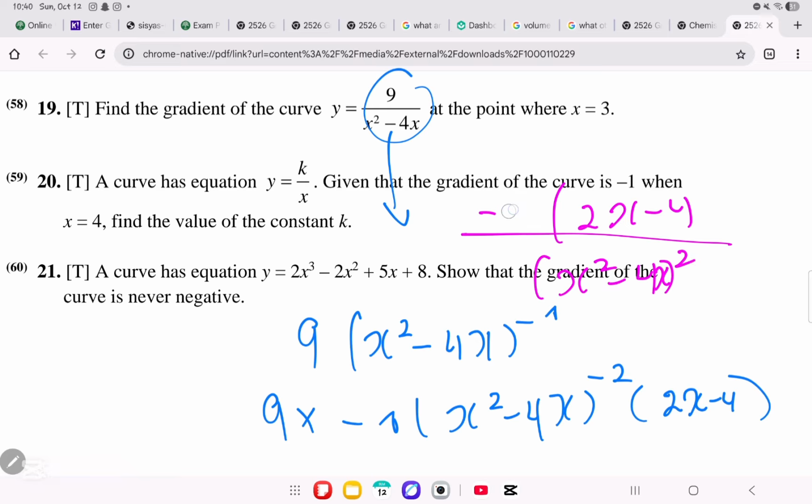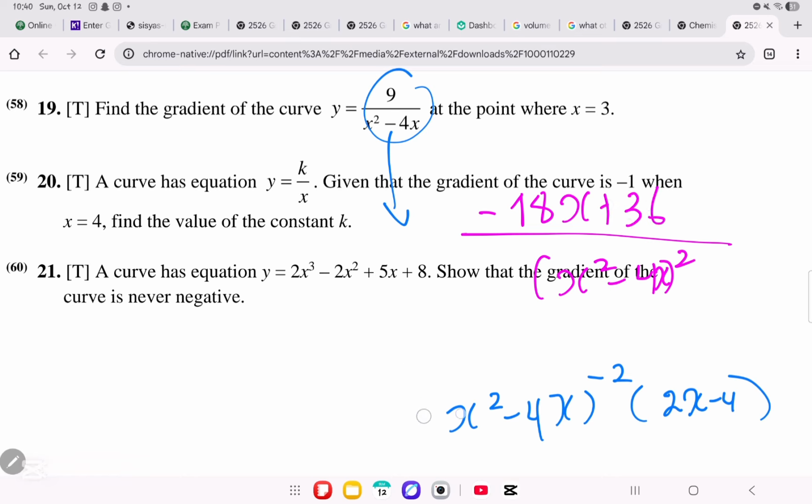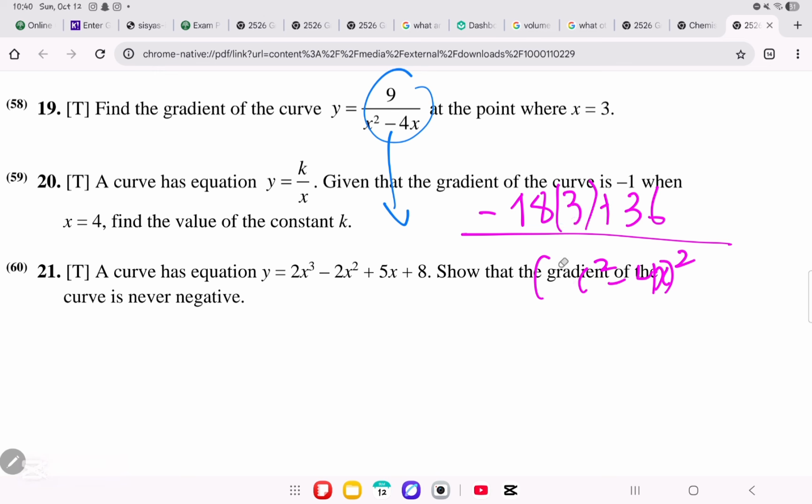So that would be minus 18x plus 36. Now, the gradient is at point 3, so we need to substitute x by 3. And when we did substitute x by 3, we would get our answer to be minus 2.